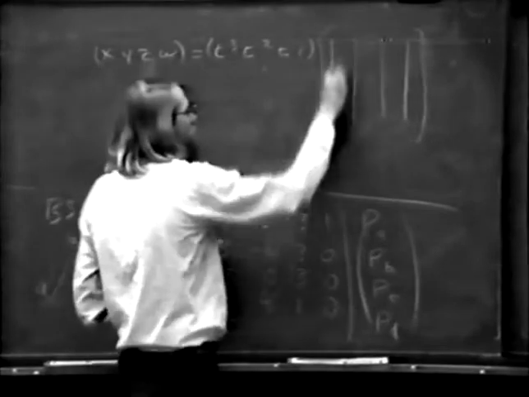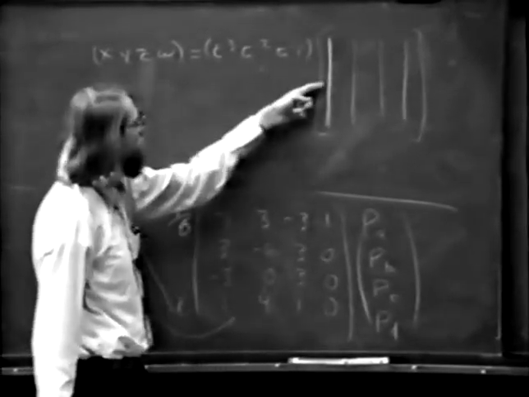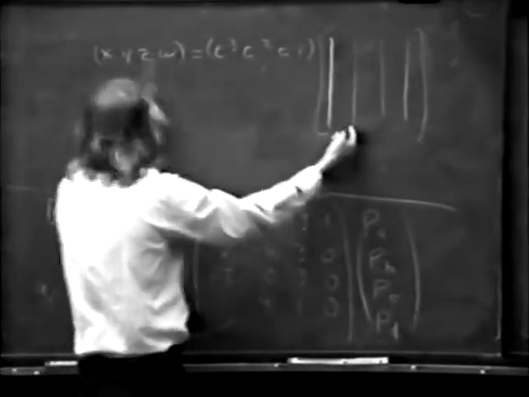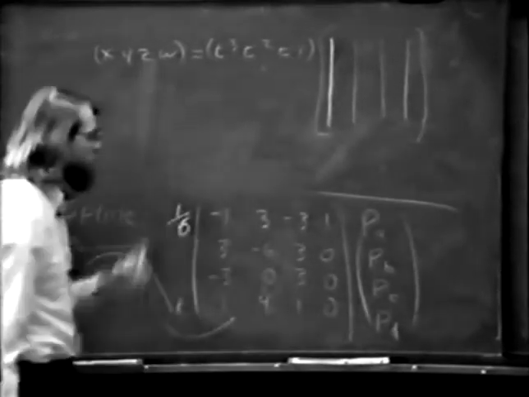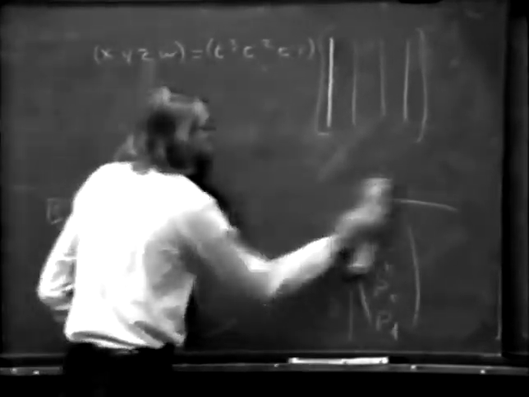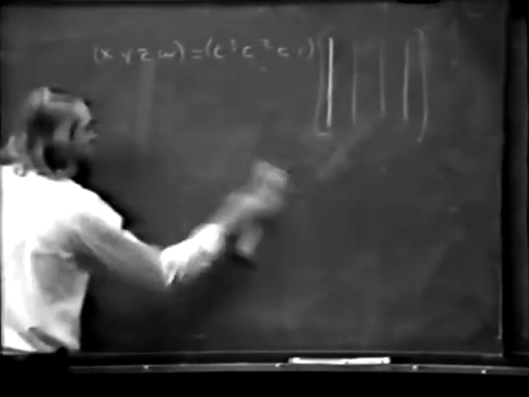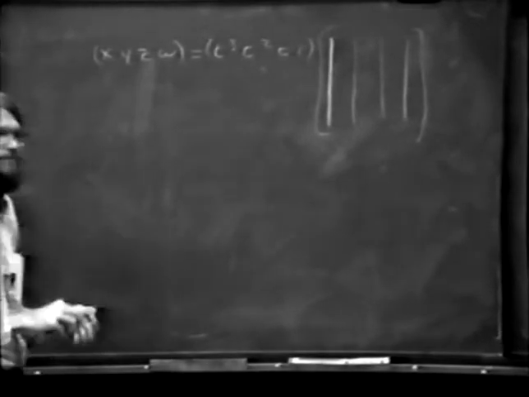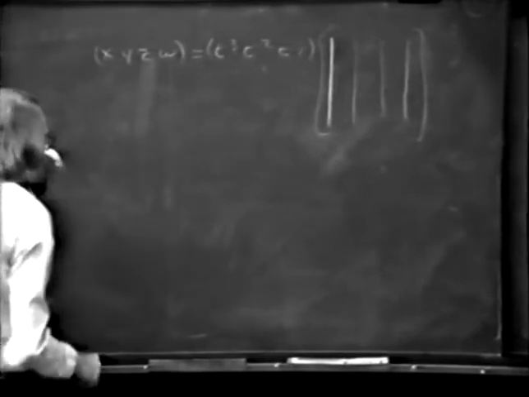Each column in here will have a set of 4 coefficients for the cubic, squared, first order, and 0th order term, which generates x. Second column has the 4 coefficients for y. Third column has the 4 coefficients for z. Fourth column has the 4 coefficients for w. So as t varies back and forth between 0 and 1, this set of 4 polynomials will sweep out some curve in space.